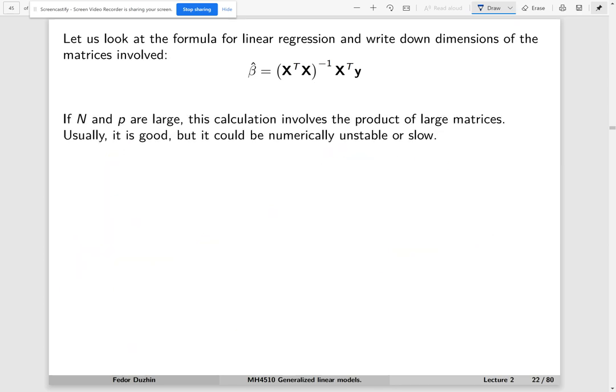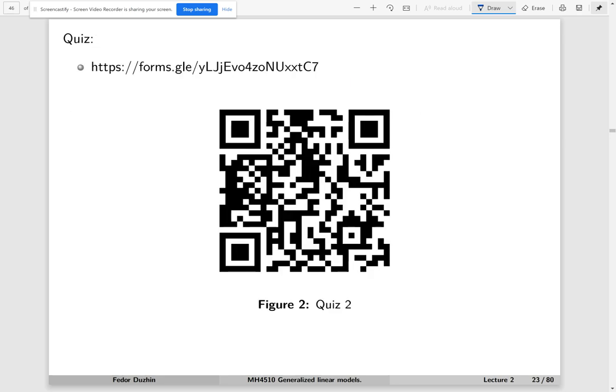My point is that if n and p are large, then this calculation involves the product of very large matrices, and sometimes it could be numerically unstable or just slow. In that case, instead of using this direct formula, sometimes under the hood people use other methods, some versions of gradient descent that we are going to get familiar with in today's lecture just a little bit later.